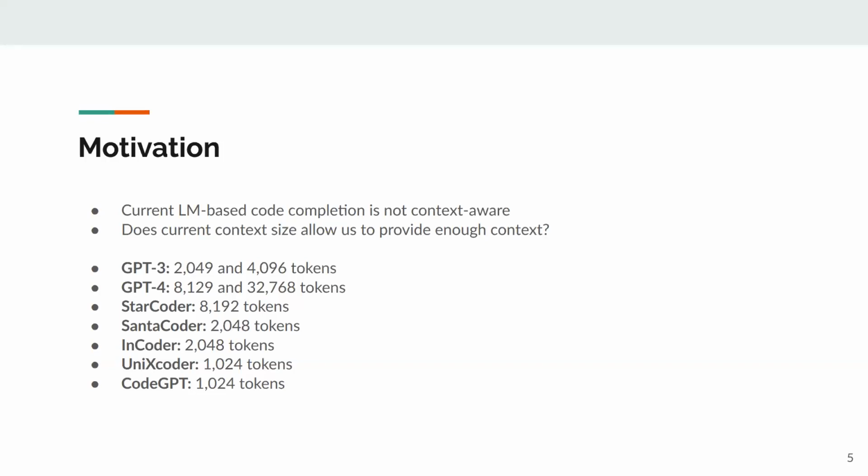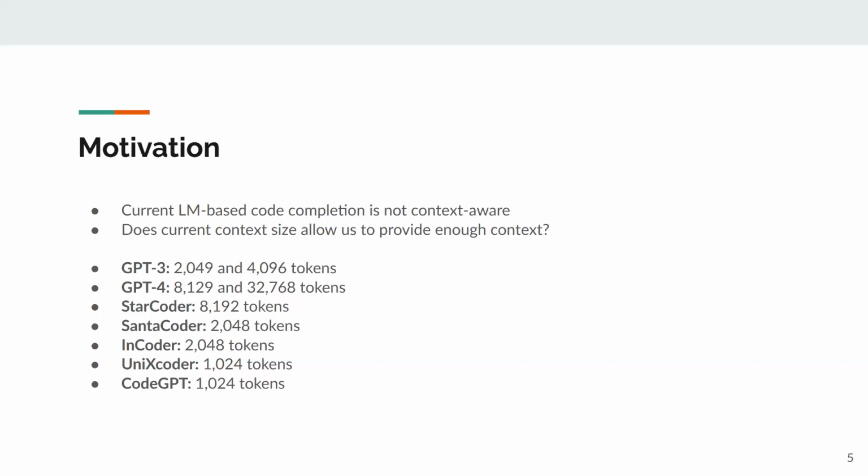But quite quickly, you'll think about it and you'll see, oh wait, we have a limited amount of tokens in our context size. So can we actually do this? Well, I've listed out here a couple of models: GPT-3, GPT-4, and a bunch of models that can be used for code completion. As you can see, the number of tokens is generally not too high.